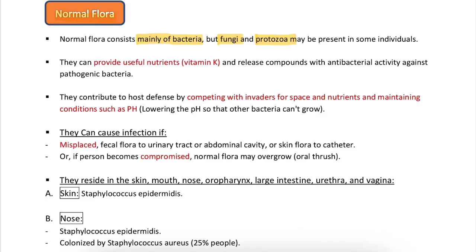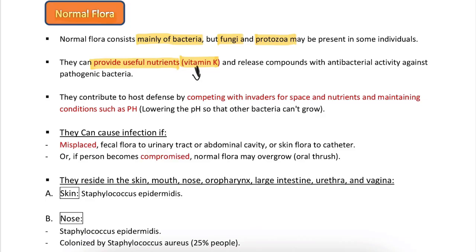So functions of normal flora: it will give nutritional support, it will provide useful nutrients. In nutritional support, some flora synthesize essential vitamins like vitamin K. Vitamin K is produced by E. coli in the gut.